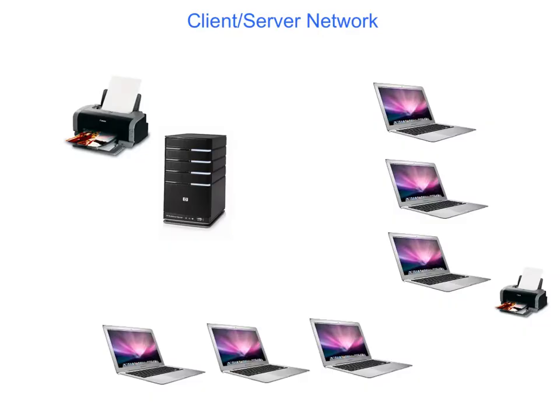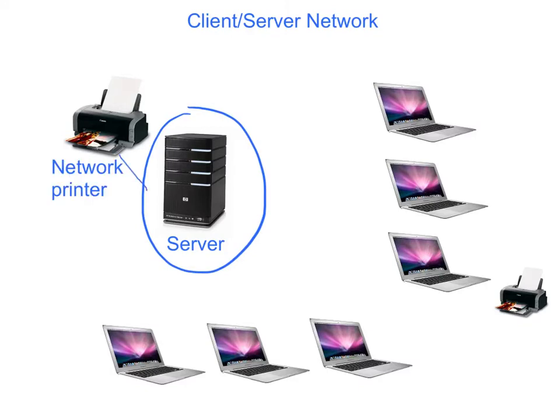All right, here is an example of a client-server network. This is the server. The server may have a network printer connected to it. All of the clients on this network, they could either connect to the server directly, or they may use the hub.